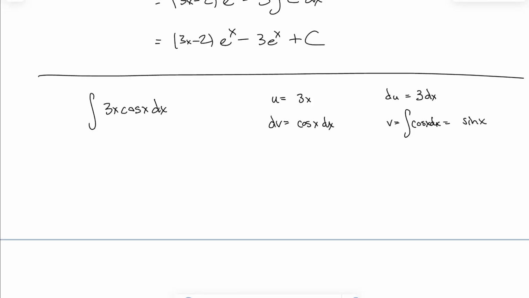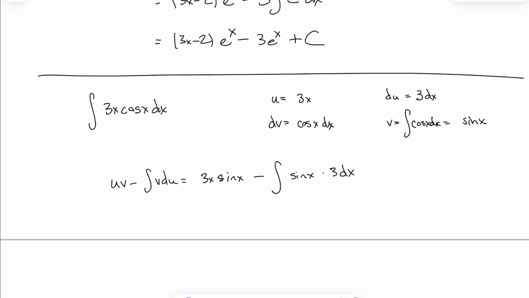All right. And so I do my parts formula. uv minus integral v du. It is 3x. v is sine x. And then minus integral, v is sine x, du is times 3 dx. Right. And I like the looks of this.